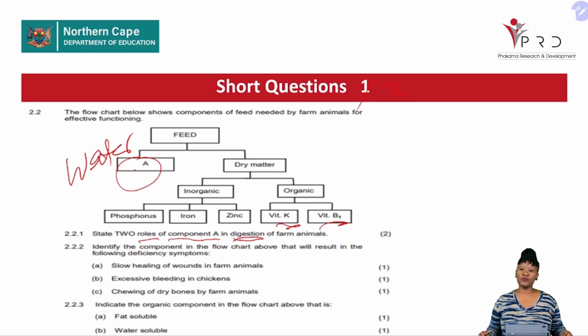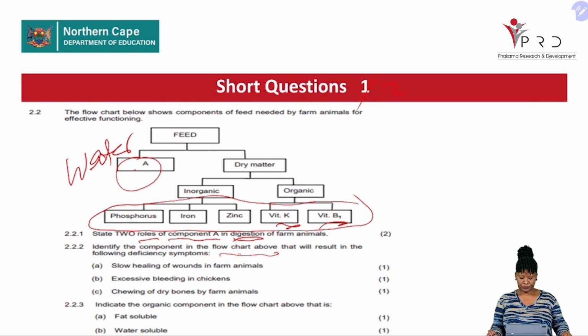So you need to know your points. Identify the component in the flowchart above that will result in the following deficiency symptoms. Slow healing of wounds in farm animals. So you mentioned identifying the component in the flowchart above, which means you are using this information as you are given.